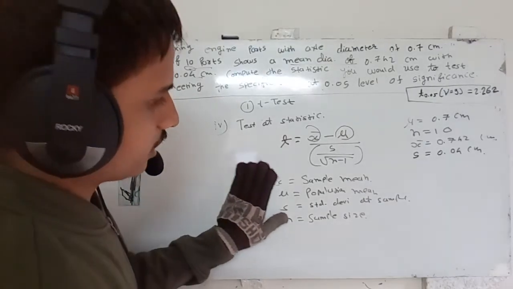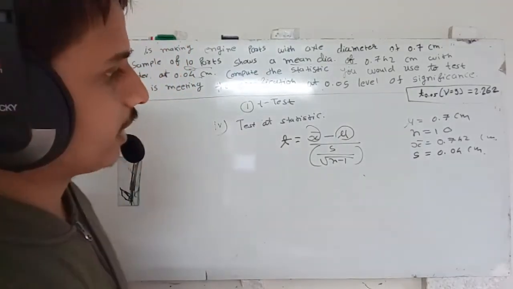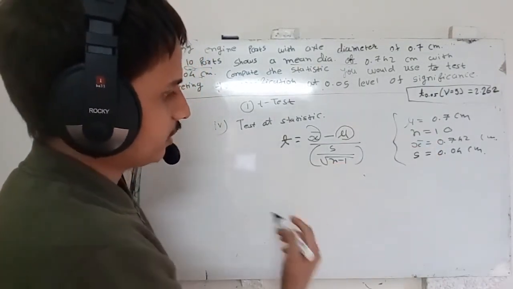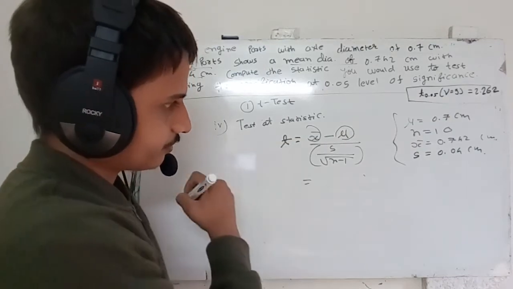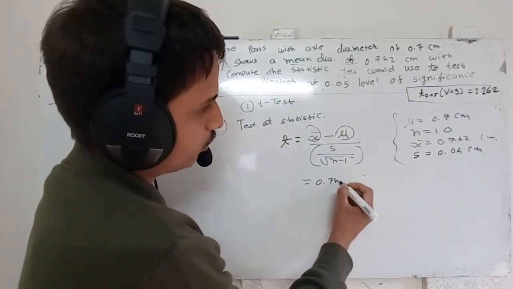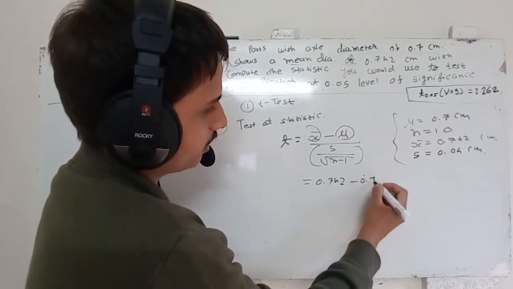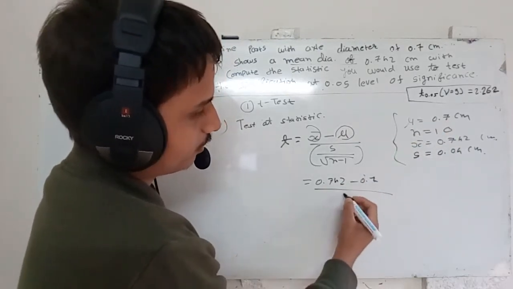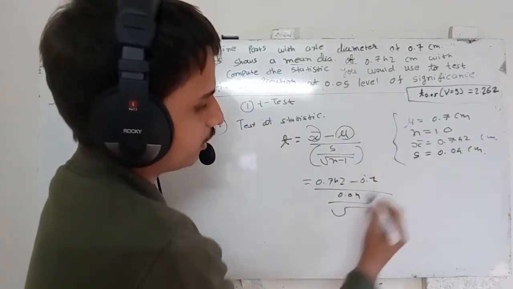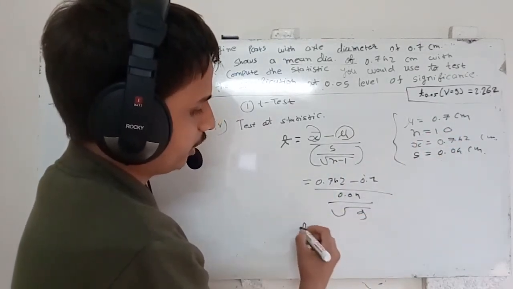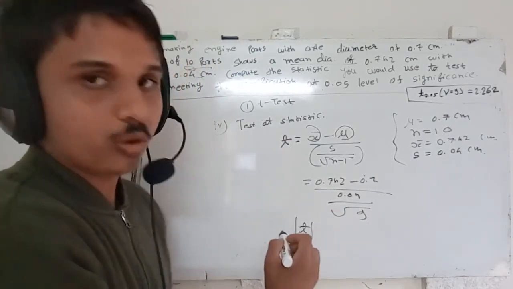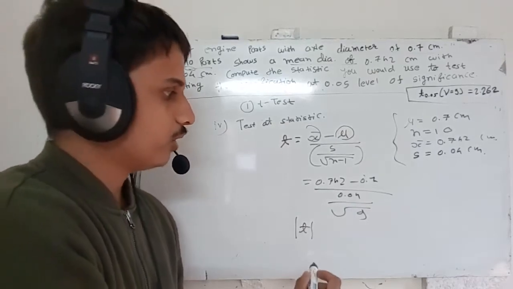Now from this equation we will calculate value of t. So we will put all these values in this equation to get value of t. So x bar is 0.742 minus mu is 0.7, s is 0.04, and under root n minus 1, n is 10, so n minus 1 is 9. So t you get, and always write t value in mode, that means always take positive value.